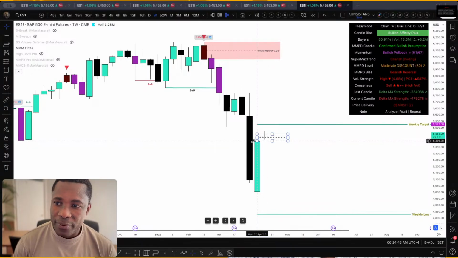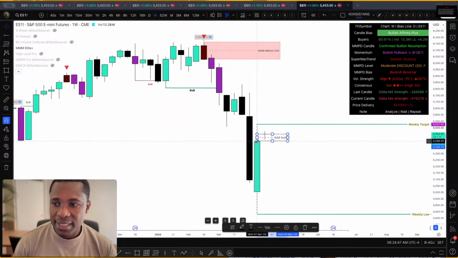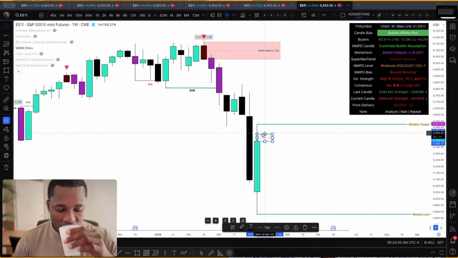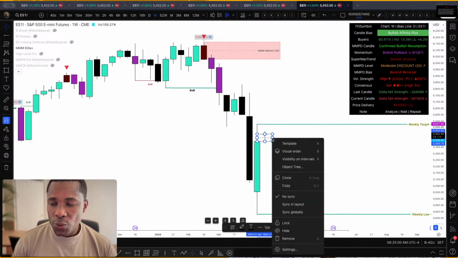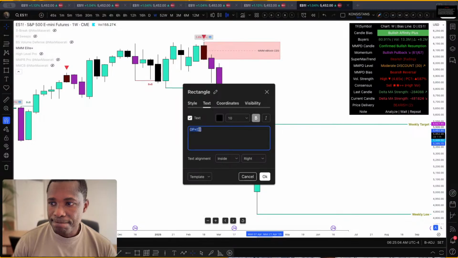So normally price needs to open at the same level it closed last week. But this week the price didn't open at the same level it closed last week. So we have the open on the weekly.